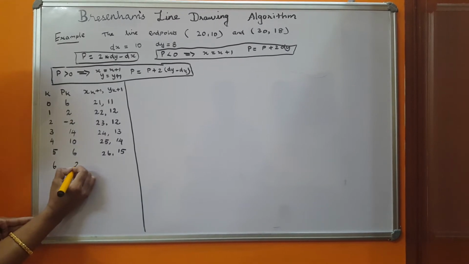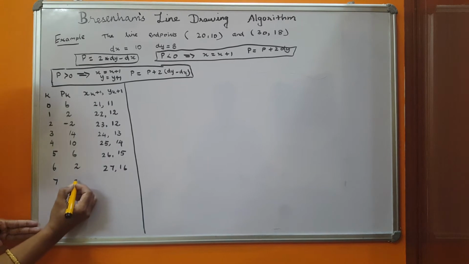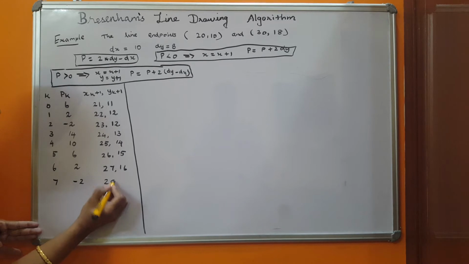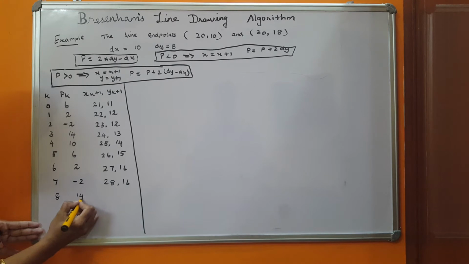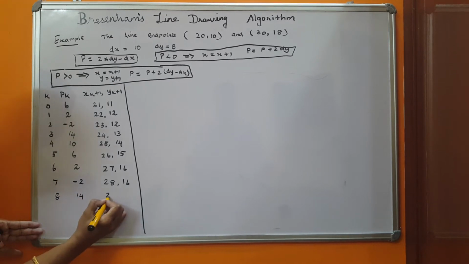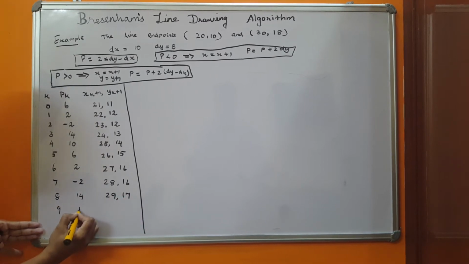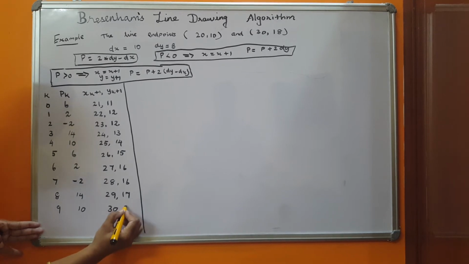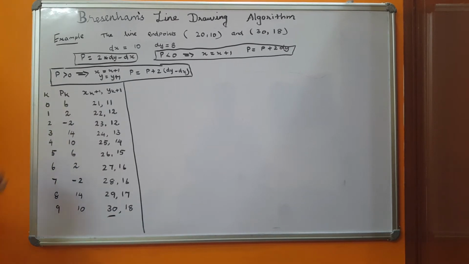Next iteration 2, greater than 0, so x incremented, y also incremented. Next iteration minus 2, less than 0, so x only incremented, y same value. Next iteration greater than 0, so x incremented, y incremented. The next iteration also greater than 0, so x incremented, y incremented, we come to the end point of x value.